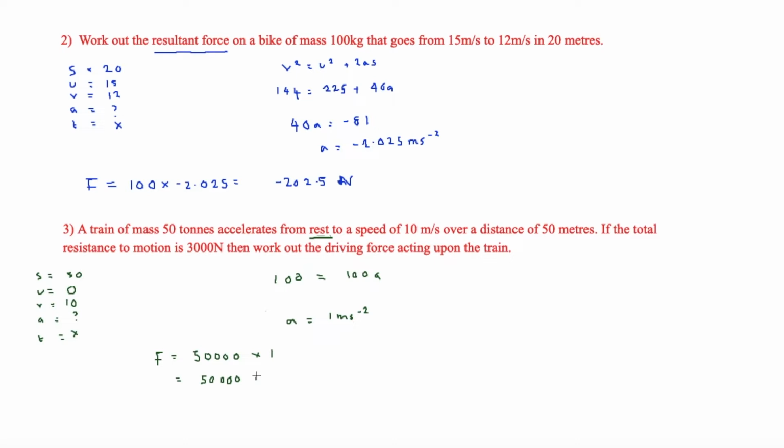But that is not our final answer. Like the first one, it just asked for the resultant force, but this is asking us for the driving force. The resultant force is the driving force minus the resisting force, and that is equal to 50,000.